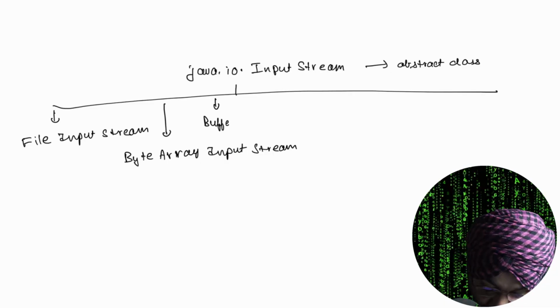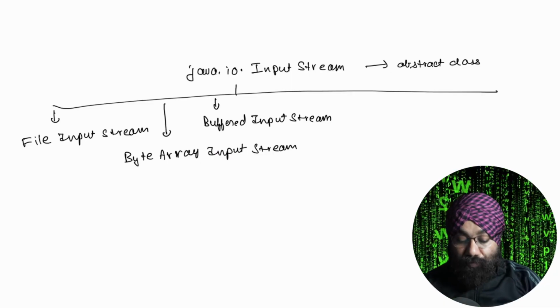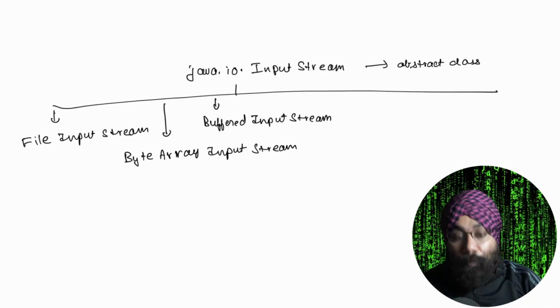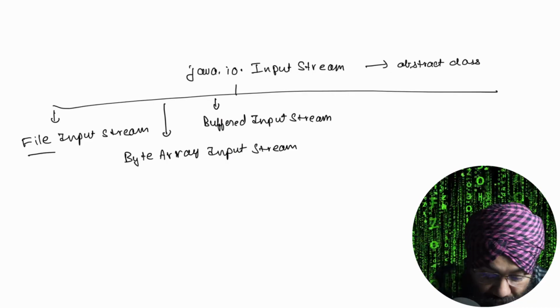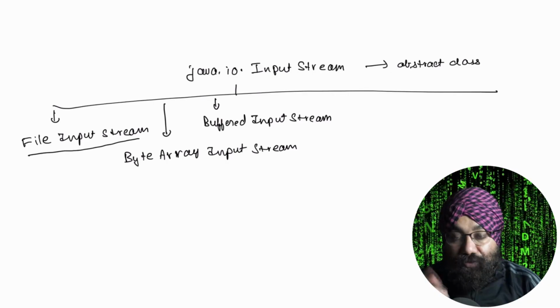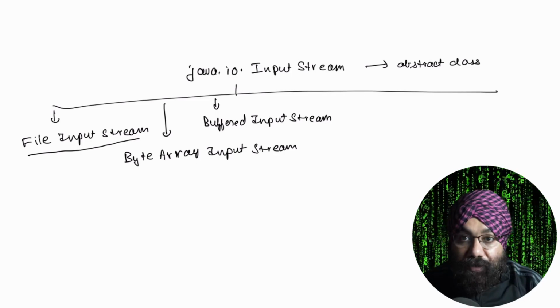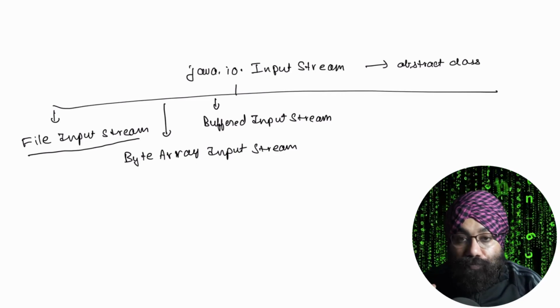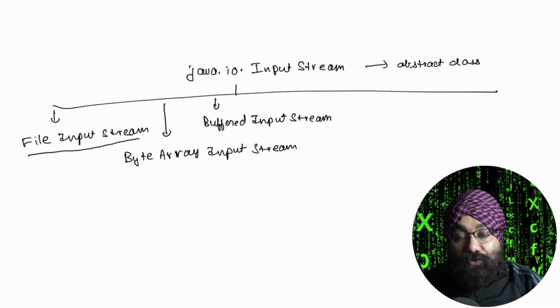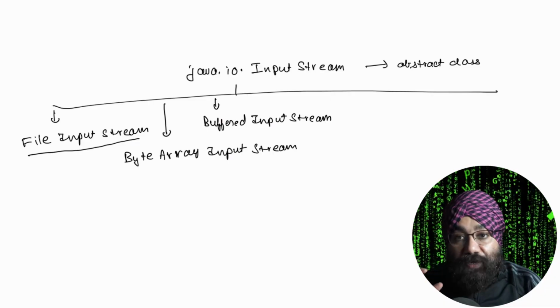Then we have BufferedInputStream. BufferedInputStream is built on top of FileInputStream. It gives you some extra capabilities or additional functionalities. For example, it gives you buffering functionality, which helps you effectively manage memory.